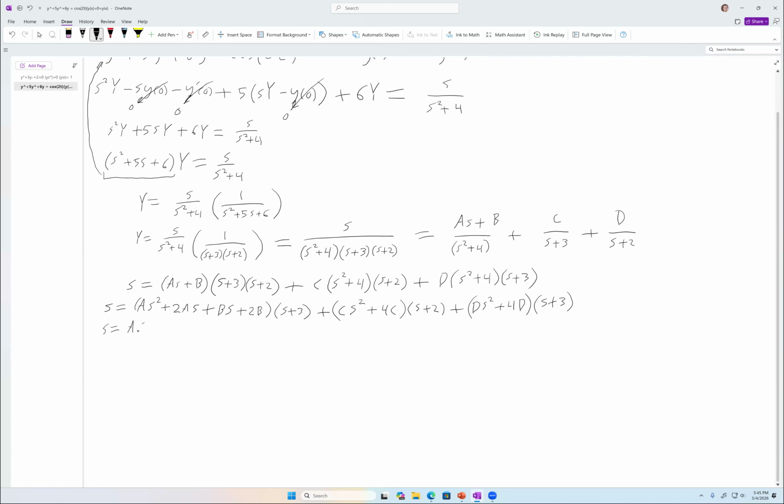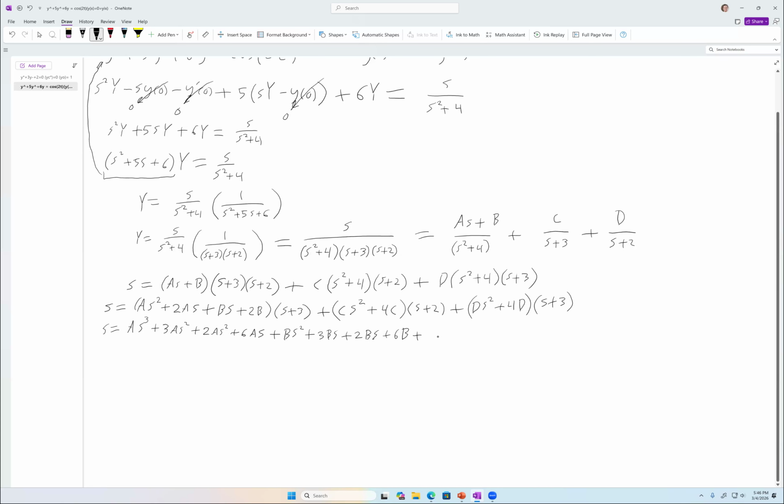And we're going to get AS cubed plus 3AS squared plus 2AS squared plus 6AS plus BS squared plus 3BS plus 2BS plus 6B.